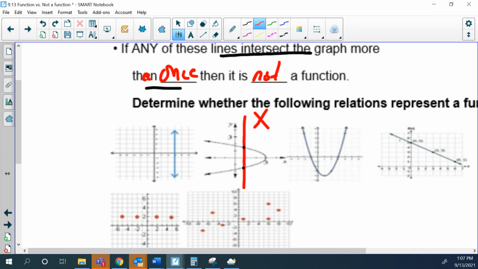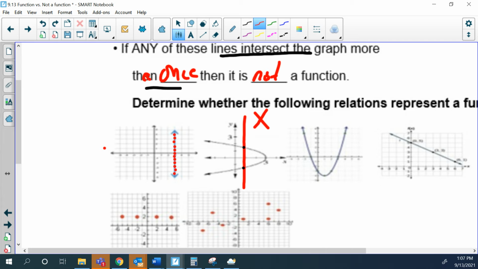Now let's look at the first graph right here, with a vertical line. Pause and think about it for a second. Is this going to be a function? A line is made of points along the graph, and in fact there are so many points that we call them an infinite number of points.